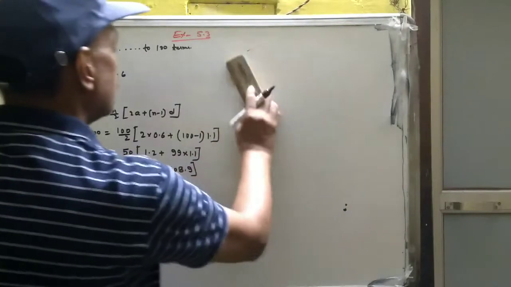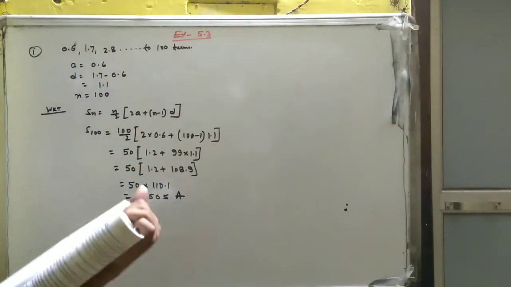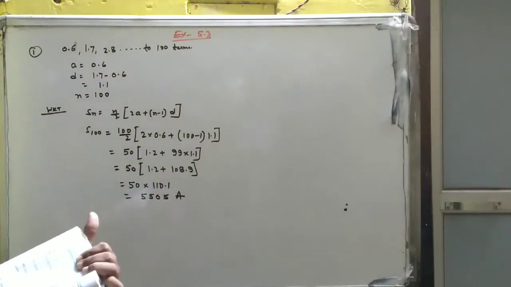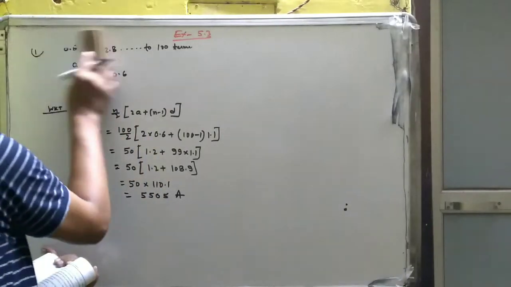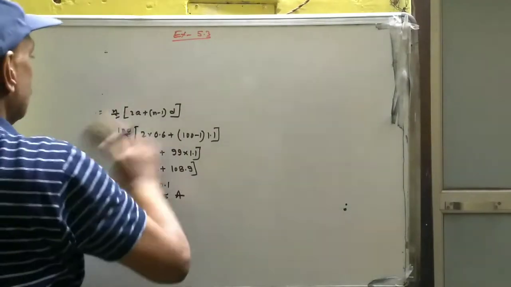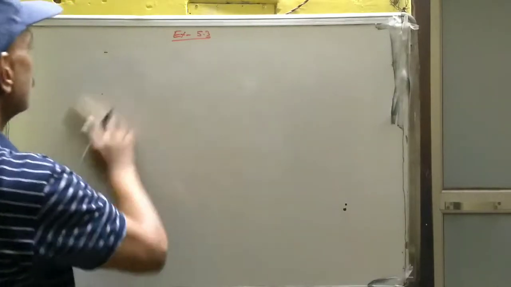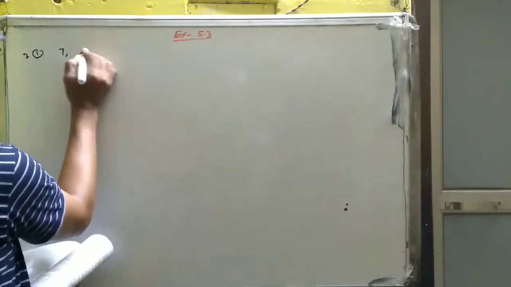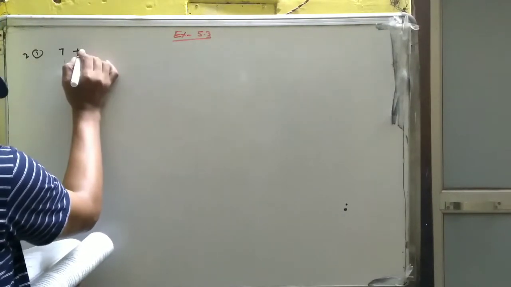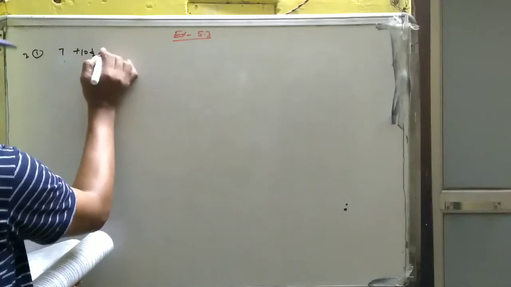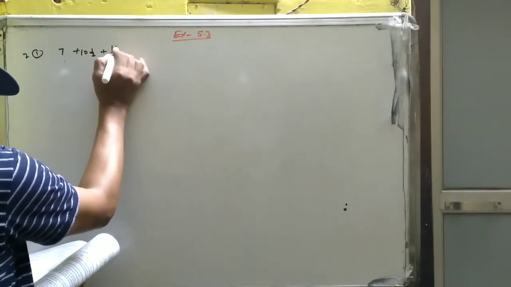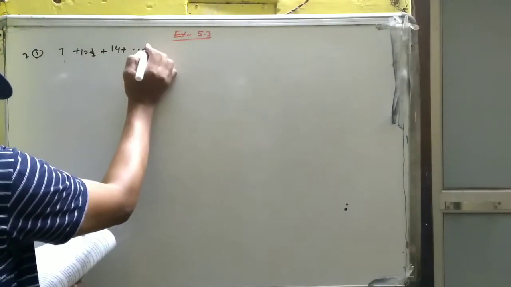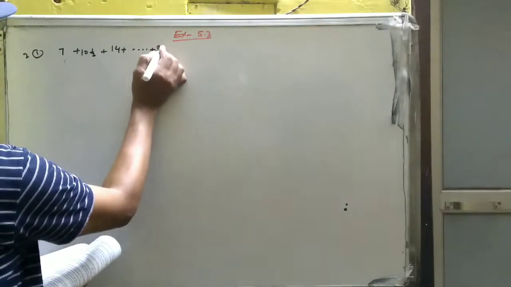Now let us take the other question. Now we are taking question number 2 here. The first one of question 2. The series is 7 plus 10 and a half plus 14 plus up to 84.